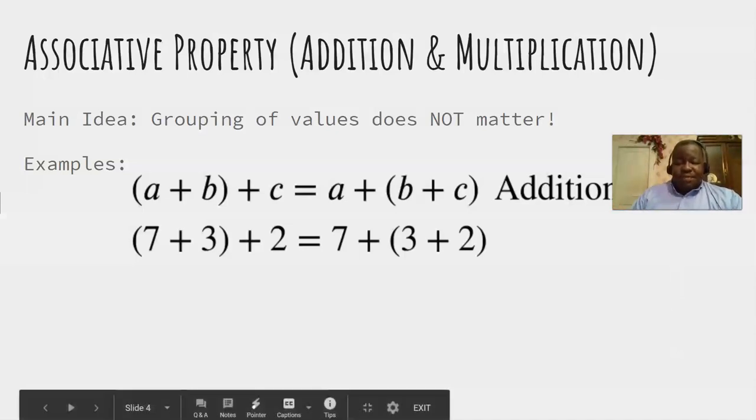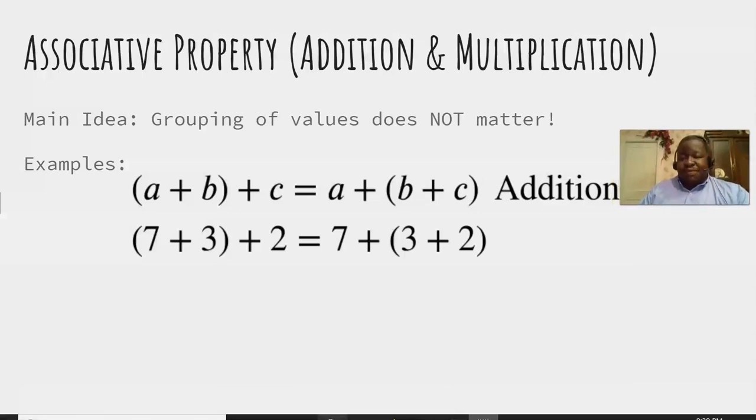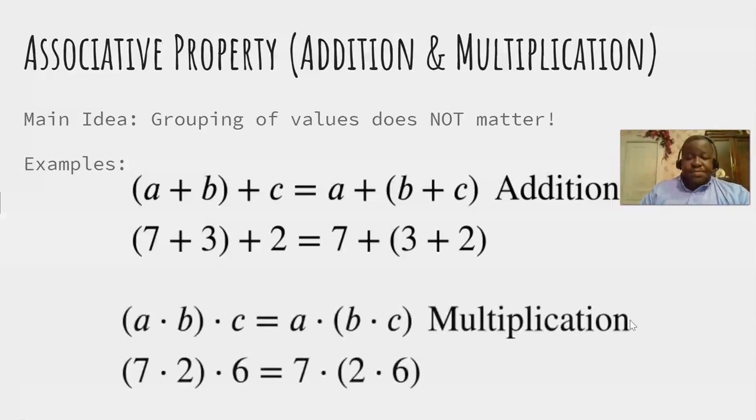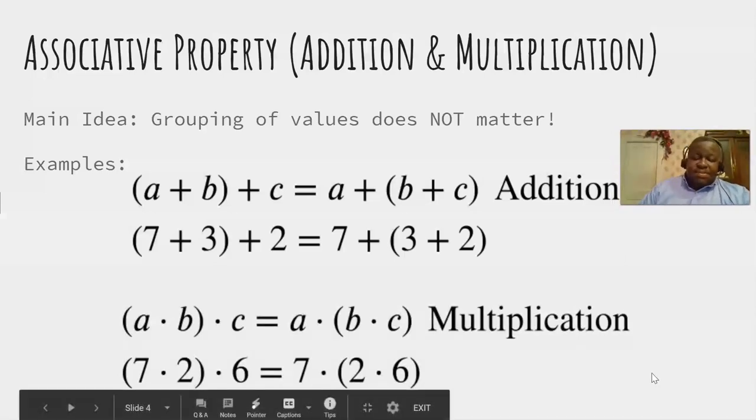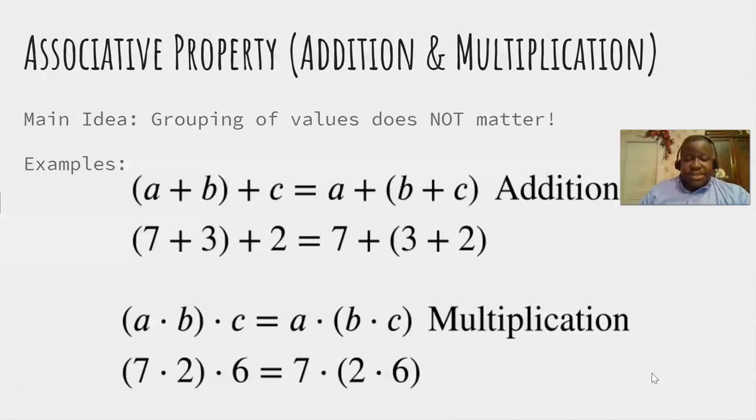So we have 7 plus 3 in parentheses plus 2 is the same thing as 7 plus parentheses 3 plus 2. For multiplication, a times b, that quantity times c, is the same thing as a times quantity b times c. So 7 times 2 in parentheses times 6 will give you the same answer as 7 times parentheses 2 times 6.